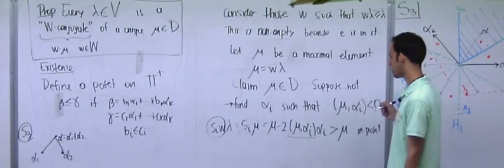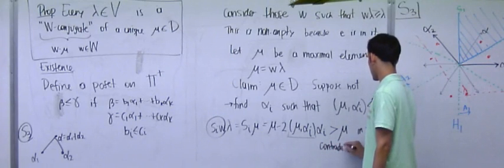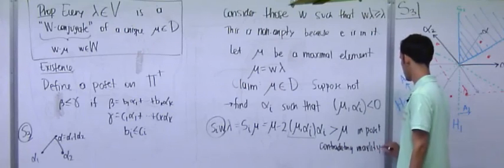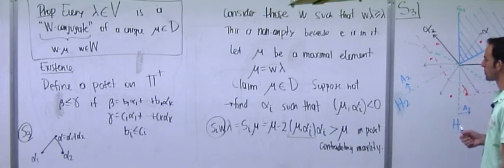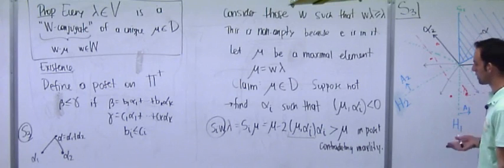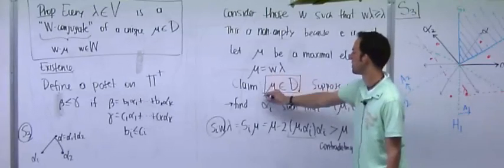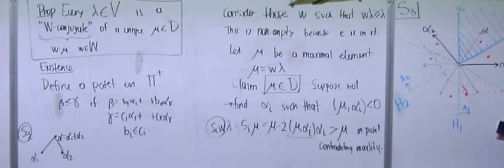So, contradicting maximality, that does it. That shows that mu really is in D, and that I can get from lambda to here by applying w.